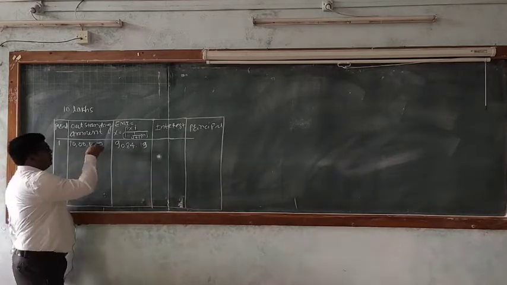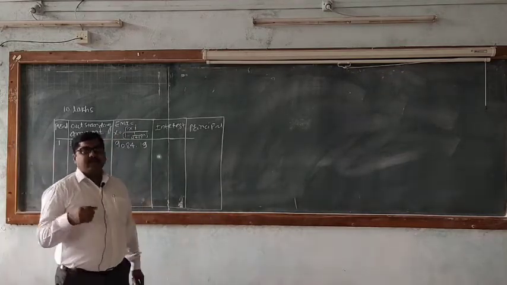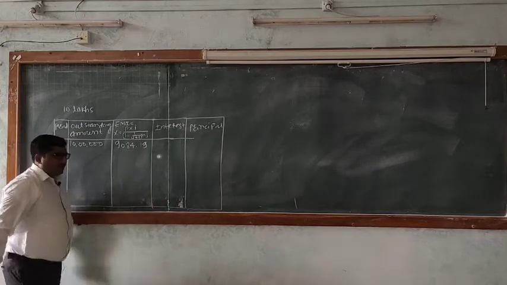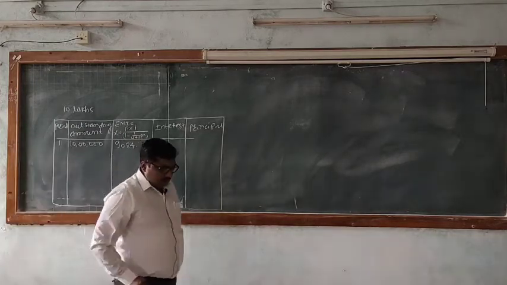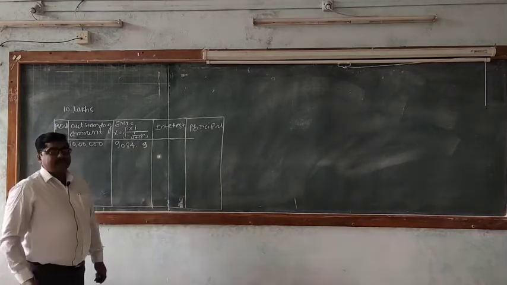Means if you put P, you know the I. I is the rate of interest in decimal, and n is the number of periods.